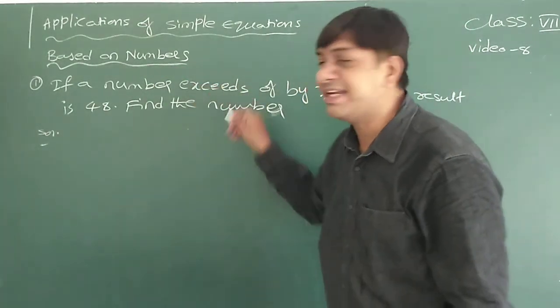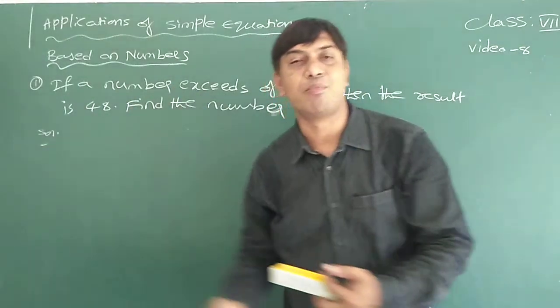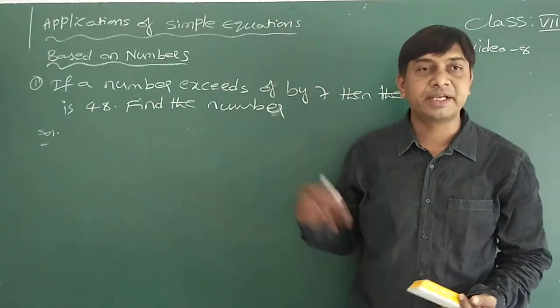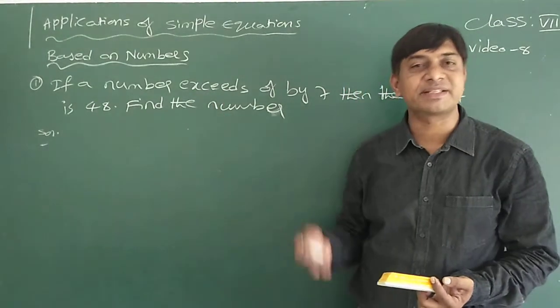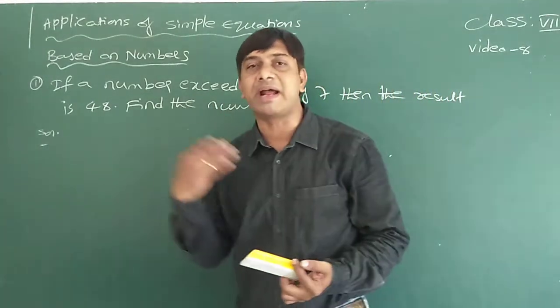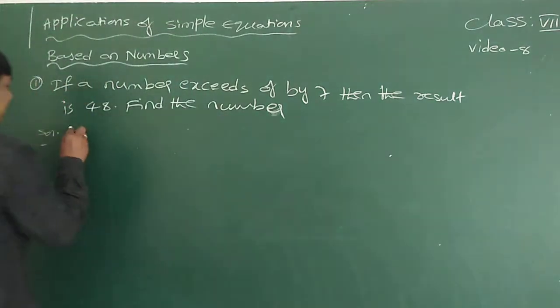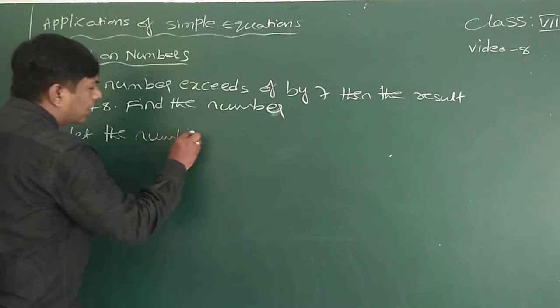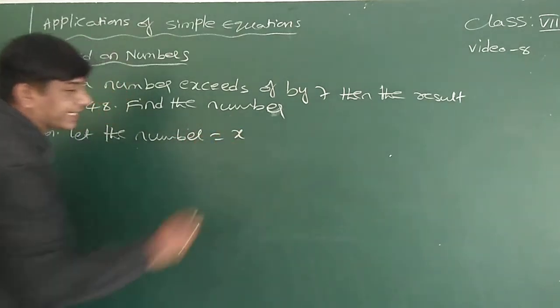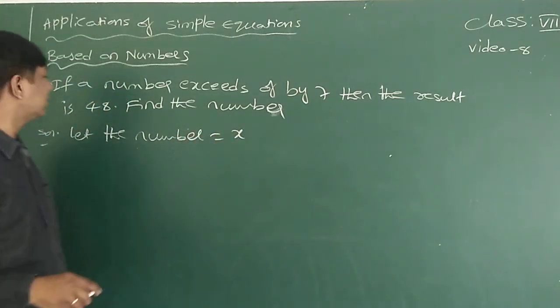Exceeds means increased, more. Decreased, reduced means subtract. Exceeds means you have to add. So let us suppose the number is equal to x.